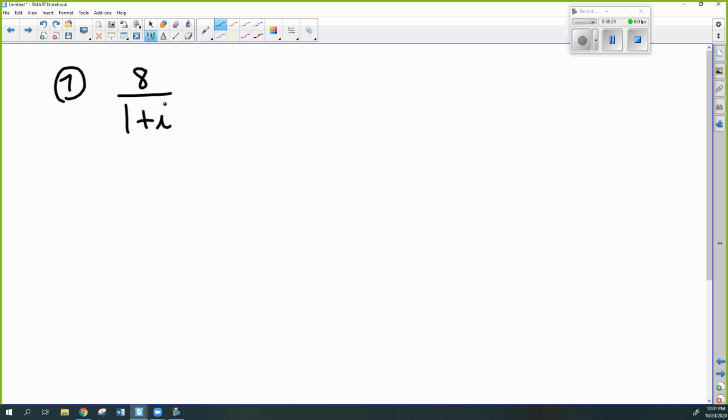The problem is you can't leave an i in the denominator because i is the same thing as a square root in the denominator.